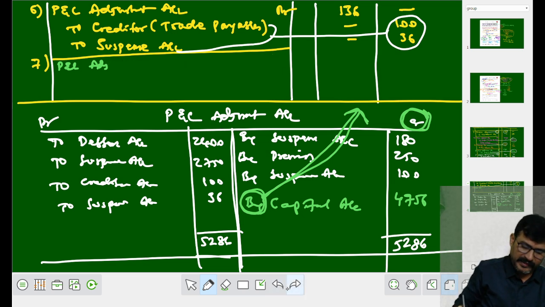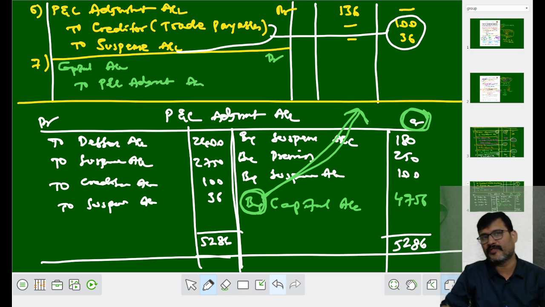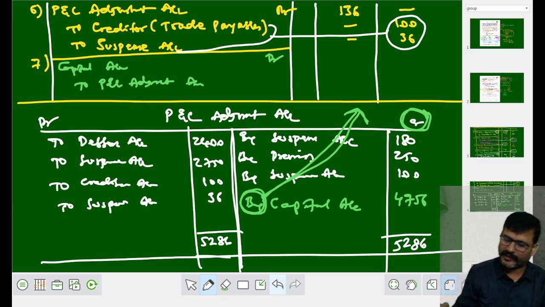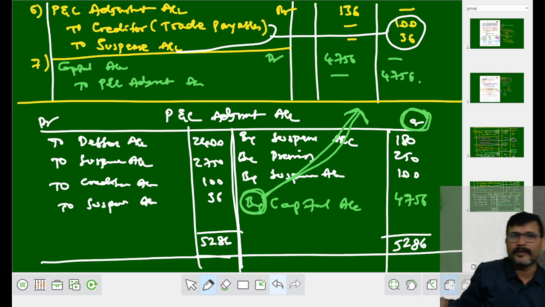Capital is in the credit side of journal, so it comes where? Debit side. Capital account debit, am I right? To P&L adjustment account, because it is credit side of ledger. Credit side of ledger becomes debit side of a journal. 4756. So this is how we have to solve the problem.